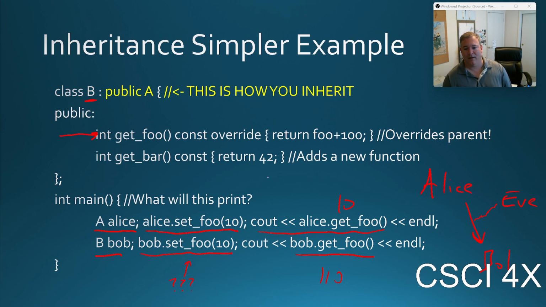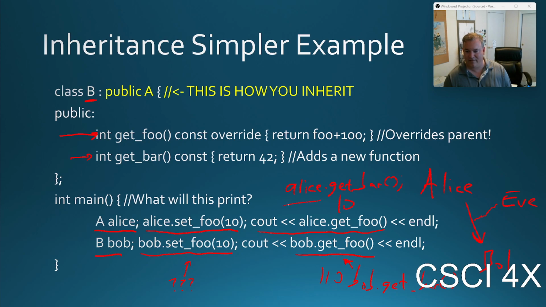And then if we call bob.getBar, what is that going to print? 42, good. What if we tried calling Alice.getBar? Could we do that?